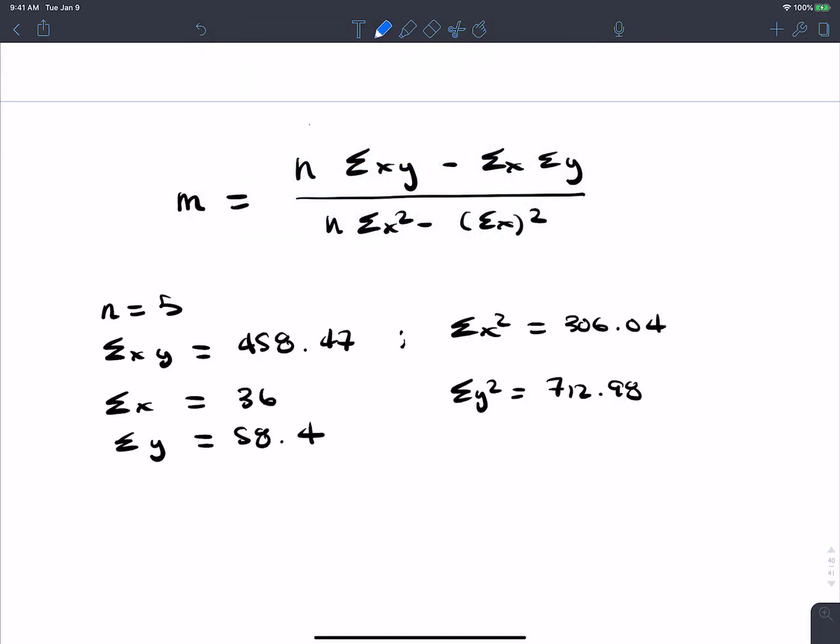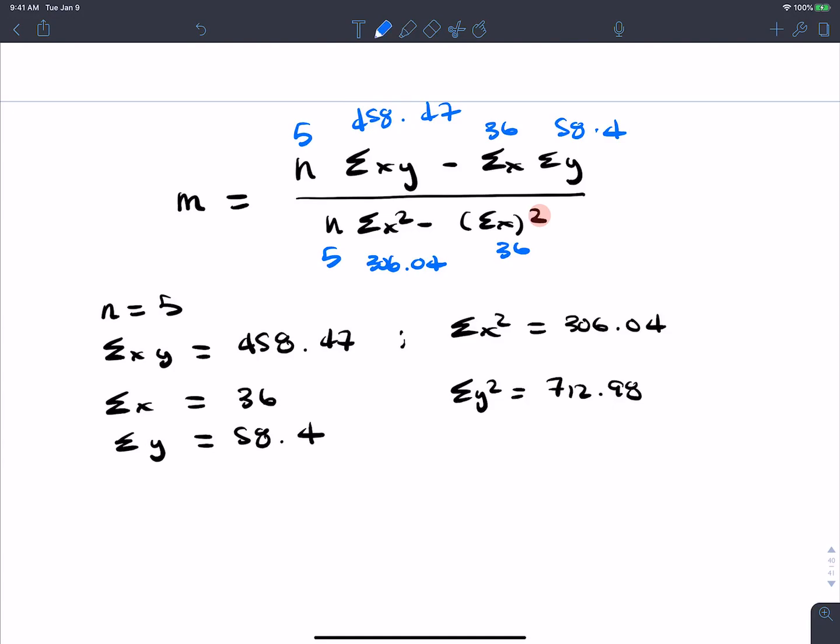So we're going to plug all these values in. As you guys know, n is 5 here. Some xy, 458.47. Some x, 36. Some y, 58.4. N is 5. Some x squared is 306.04. And then what was some x again? 36. But don't forget we have to square that value. Okay?